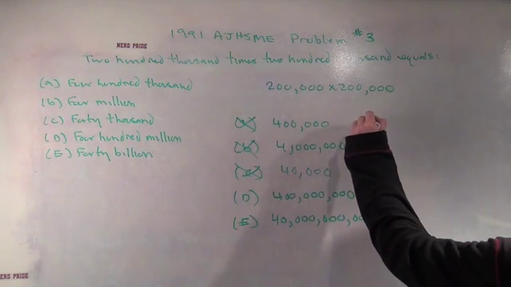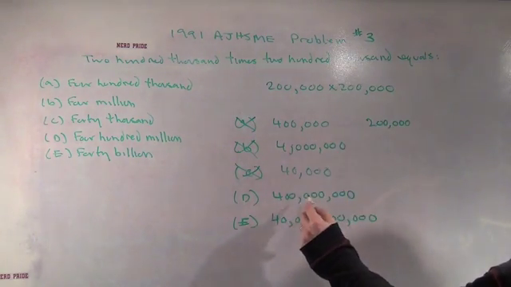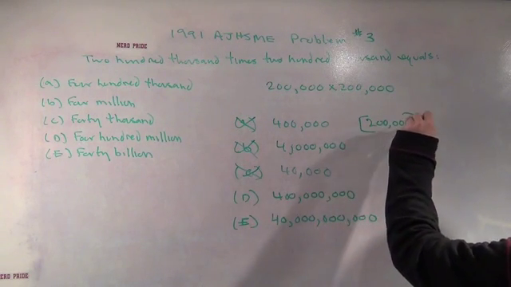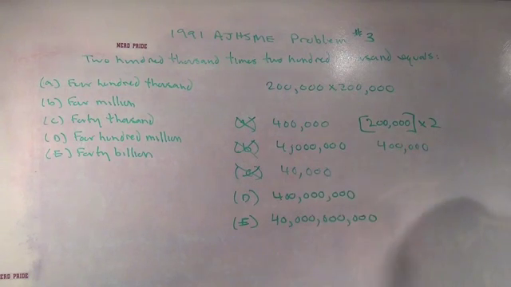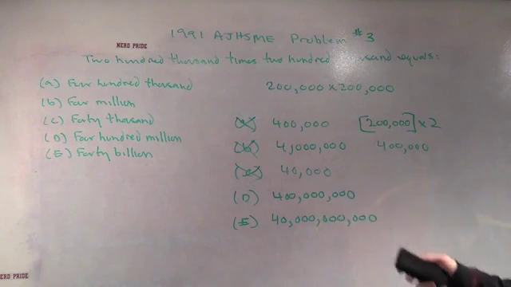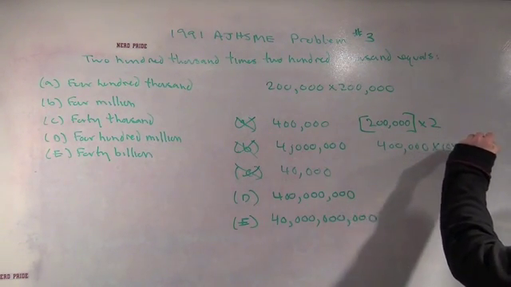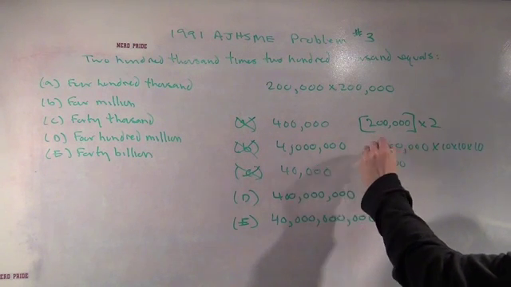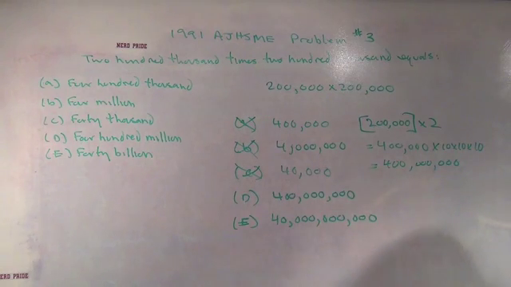So 200,000. How do we get to 400 million? Well, first we need a 4. So we're going to multiply by 2, and that gets us to 400,000. Now how do we go from 400,000 to 400 million? Well, there's 3 extra zeros, so we have to do 10 times 10 times 10, so this is 400 million. Okay, and what have we multiplied by?